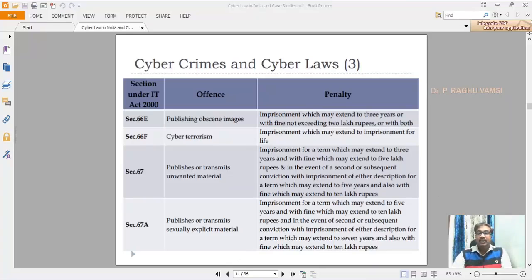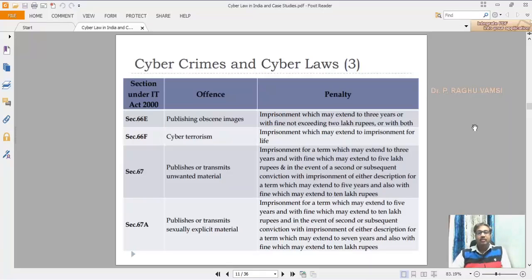So this is the punishment for Section 66 and Section 67. First they will give you a chance to correct yourself. If the same mistake is repeated a second time, then obviously severe punishment will be given.